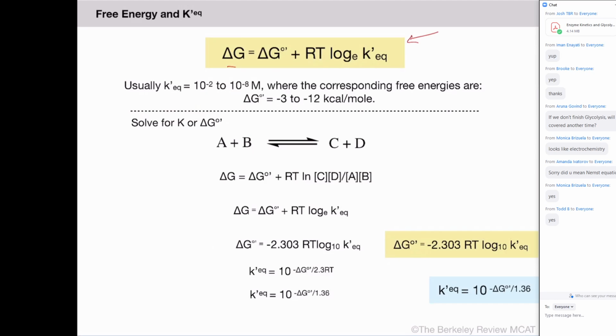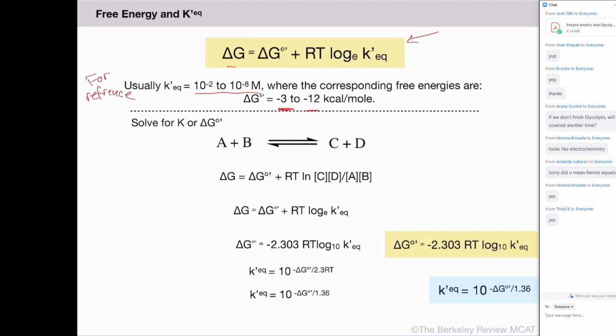For reference, the KEQ in your body for most reactions lies somewhere between 10 to the -2 to 10 to the -8 molar, and you get standard free energies of around -3 to -12 kilocal per mole.